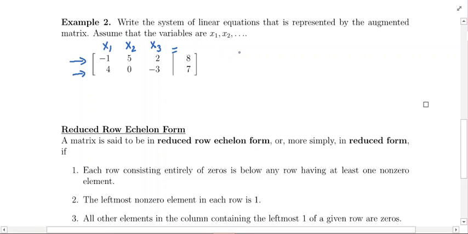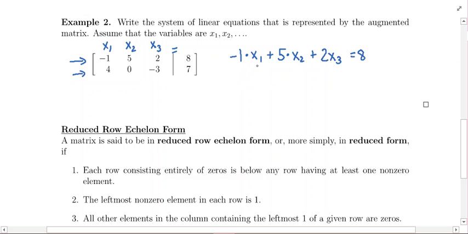The first row of the matrix translates into -1 in front of x1, so -1 times x1, plus there's a 5 in front of x2, so plus 5 times x2, plus there's a 2 in front of x3, so 2 times x3, and that's got to equal 8.